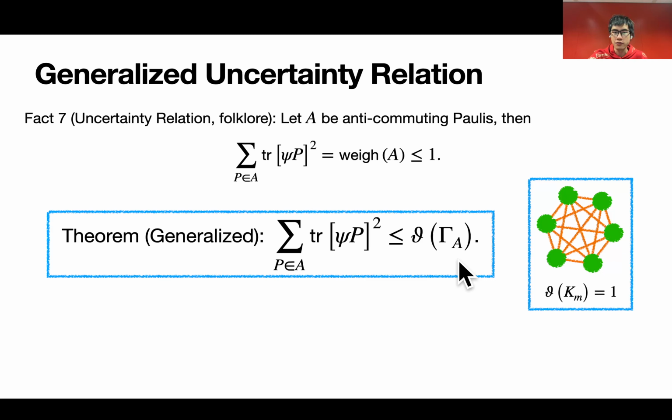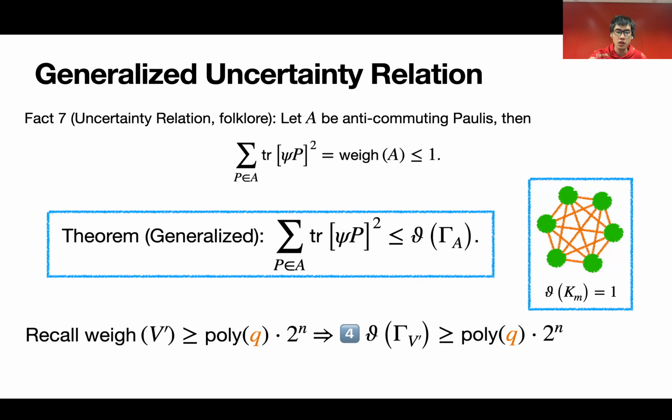Because if A is anti-commuting Paulis, the anti-commutation graph will be the complete graph with large zeta number 1. With this generalized uncertainty relation, and since we know that the weight of V prime is quite large, we can conclude that we have a lower bound for the large zeta number of the graph.